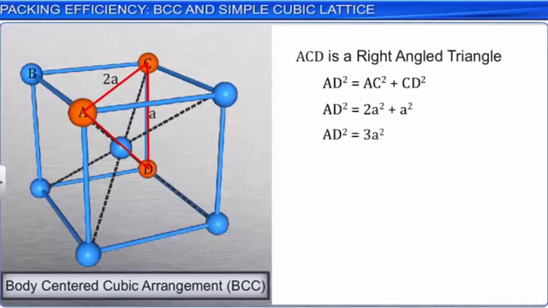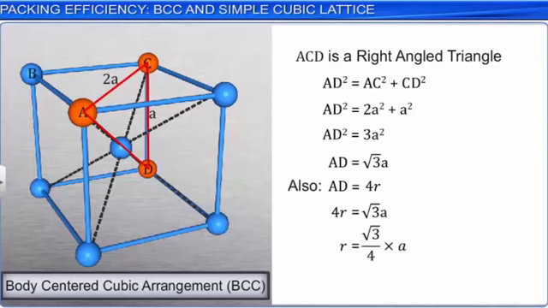Therefore, AD is equal to root 3 into a. The body diagonal of a unit cell, AD, is equal to 4r. Hence, equating the two expressions for AD, we can say that 4r is equal to root 3 into a. Hence, r becomes equal to root 3 upon 4 into a.